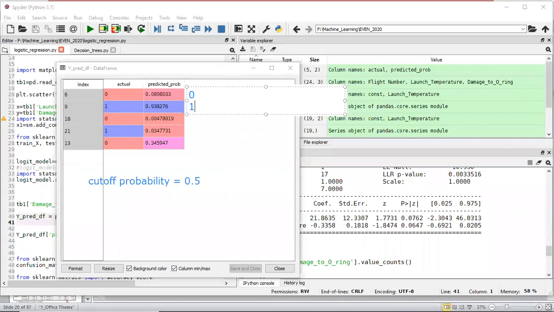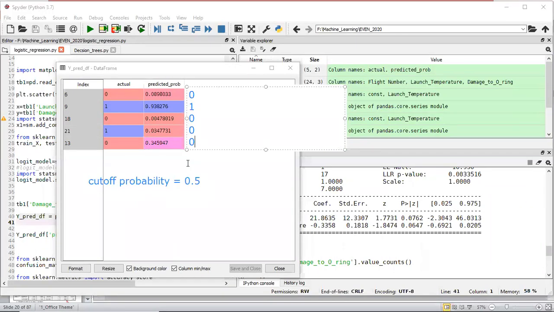Are you understanding? Okay. Now for the third case, I have 0.004, which is less than 0.5, so the output is 0. Next I have 0.03, so the output is 0. And here also 0.